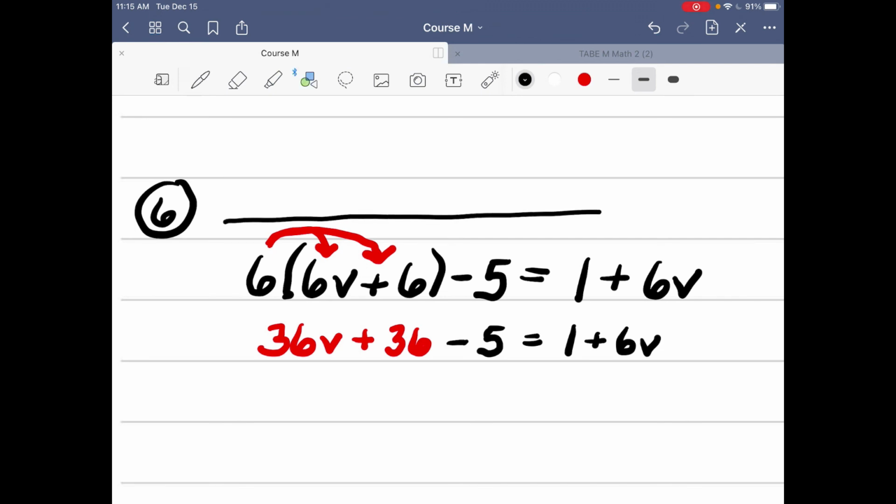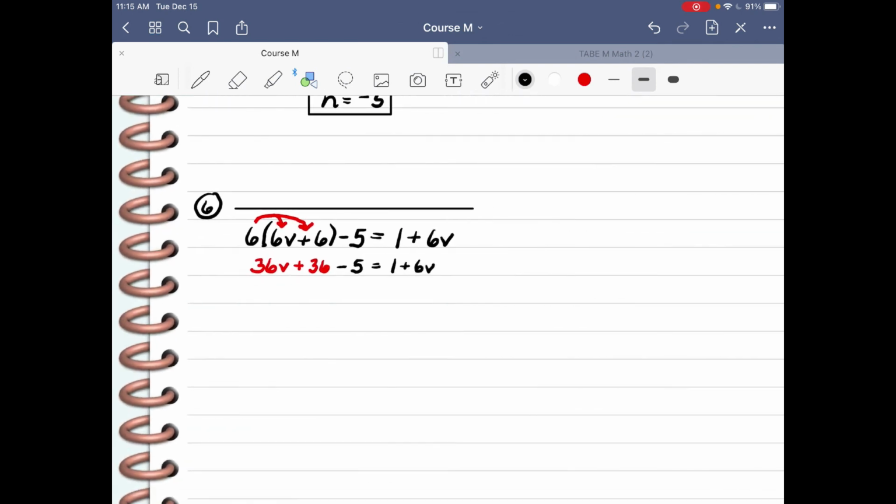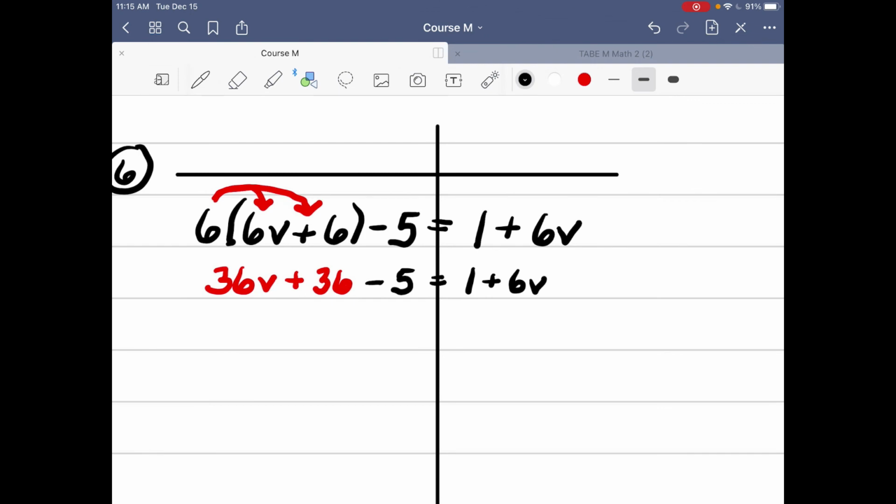Then you draw the power T. Okay, I have to decide about variables. So I have a 36v on this side, and I have a 6v on this side. Who's the boss? The 36. So this is going to be the variable T, which means this will have to be the constant T.